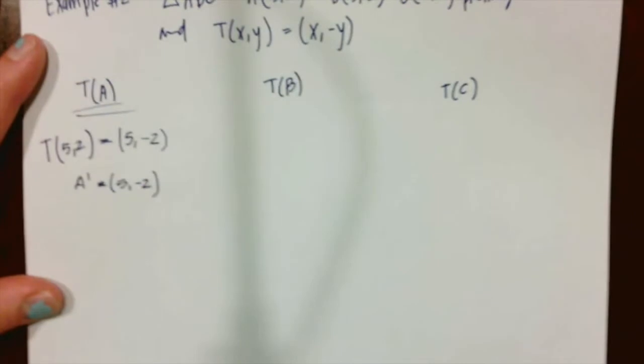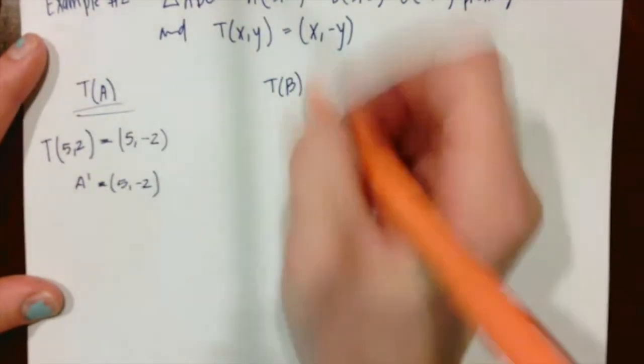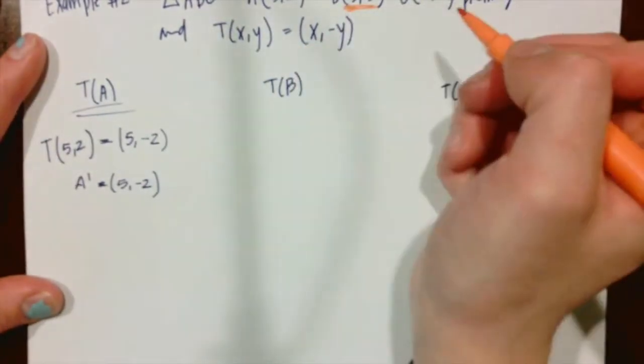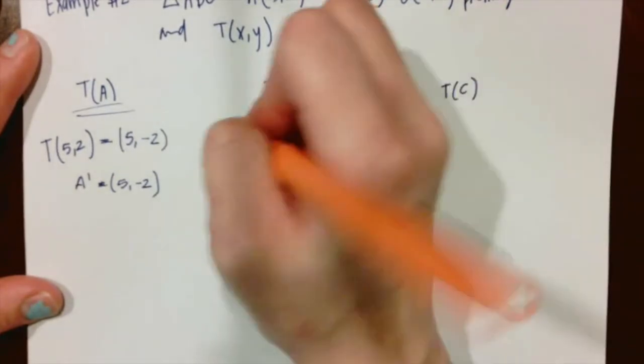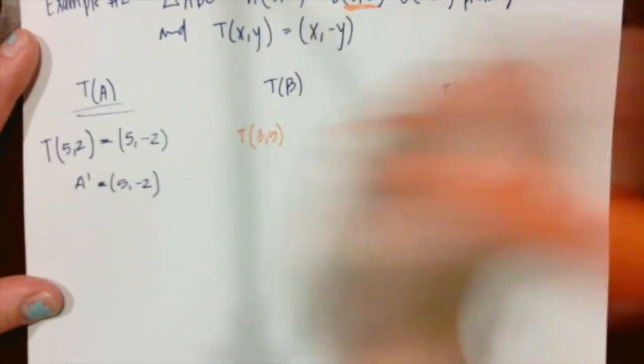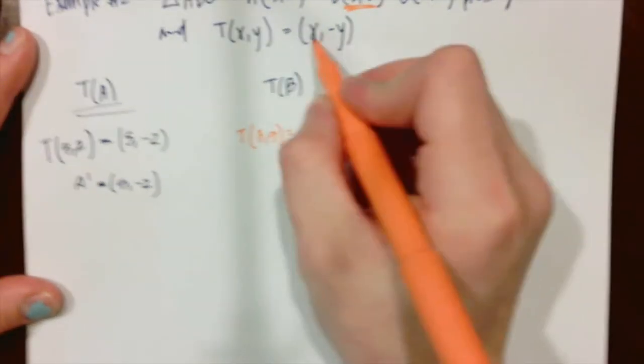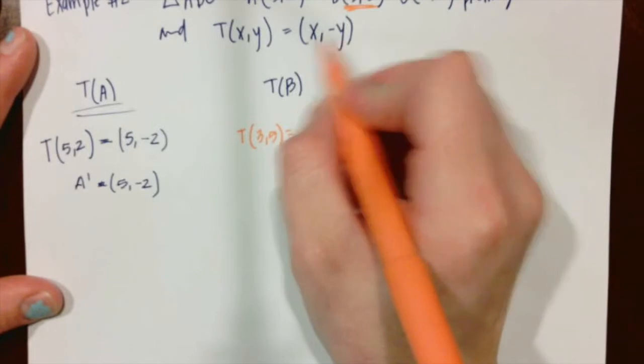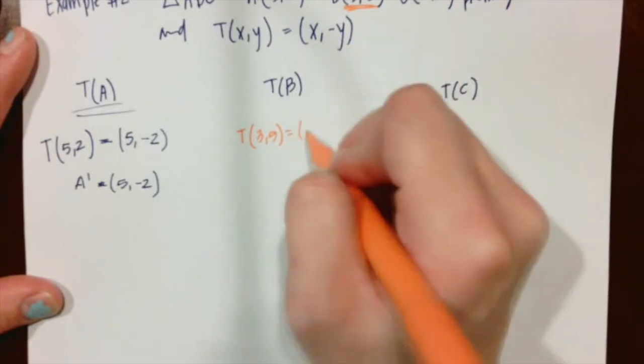Now let's do it for B. We'll use a different color so we don't get confused. B was at the coordinate 3, 5, so I have my transformation on 3, 5. It equals x, negative y.